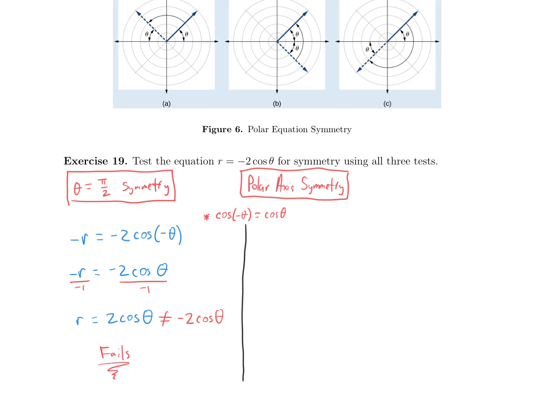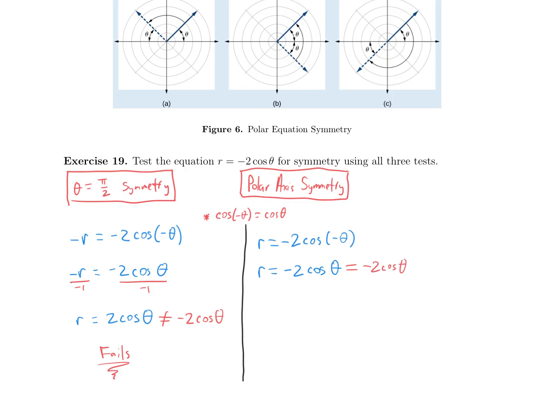That's all you do for that one. So r stays the same and theta becomes negative theta. Once again, cosine is an even function, which means that negative 2 cosine of negative theta is equal to negative 2 cosine of positive theta. And as you can see, that does equal the original equation that we started with, negative 2 cos theta.